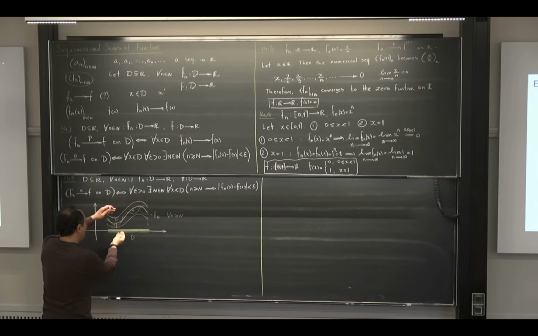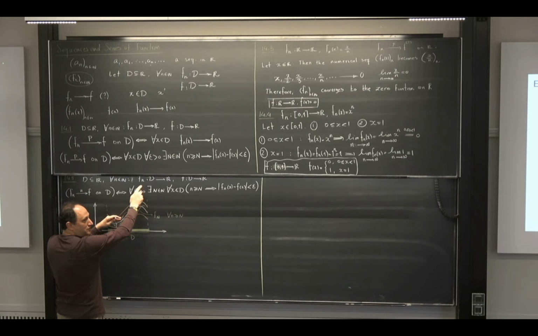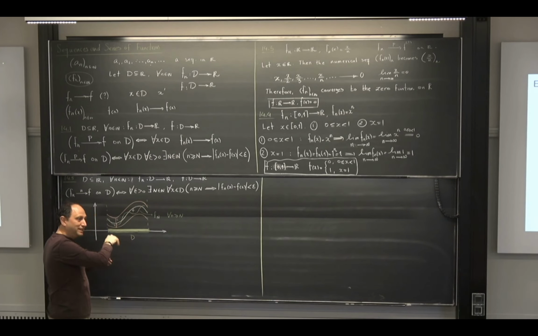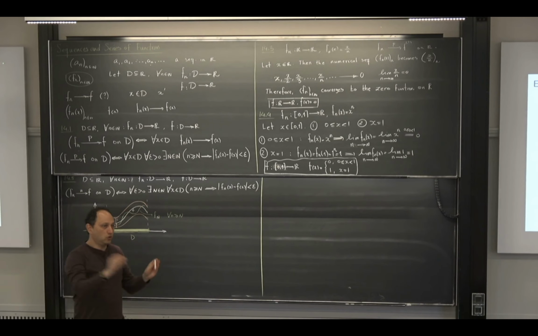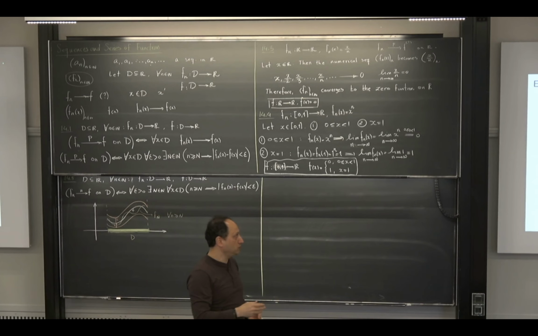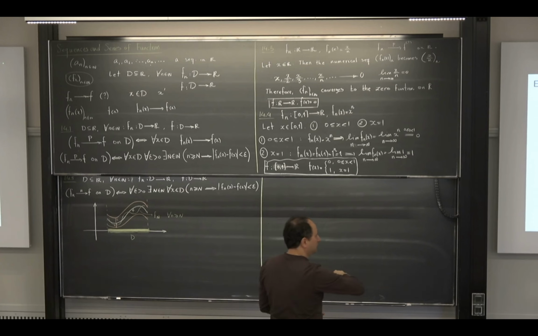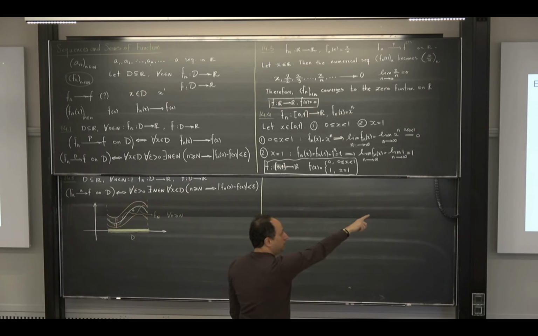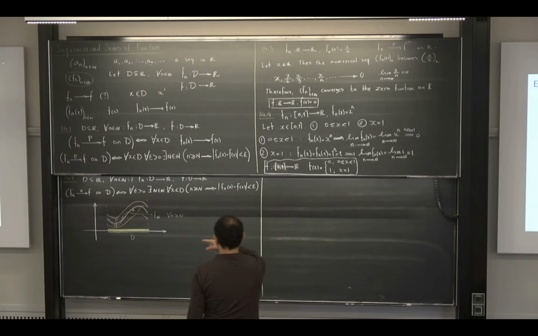Of course, when epsilon is smaller, maybe some more functions will stick out, but still, from some point onward, all of them remain in this band. Sorry, I said uniform continuity; I mean uniform convergence. Don't get confused: uniform continuity is different from uniform convergence. But before doing it systematically, can you see by this picture that this is uniformly convergent?